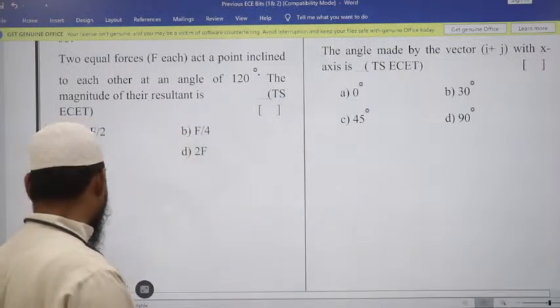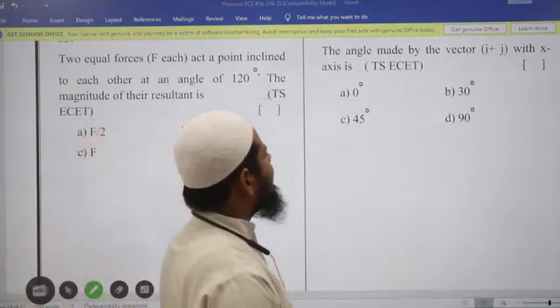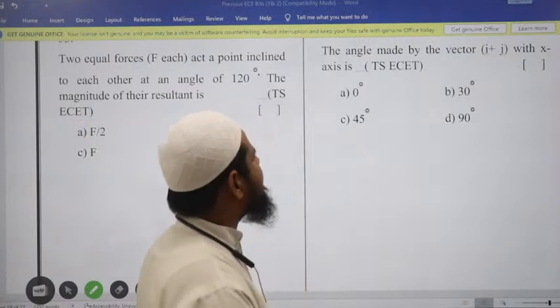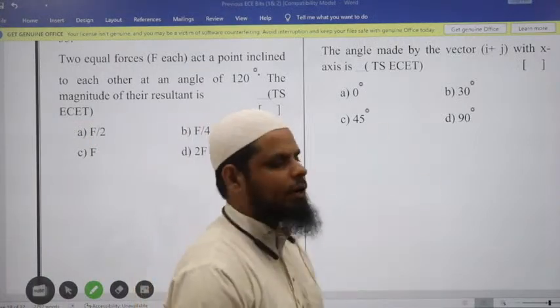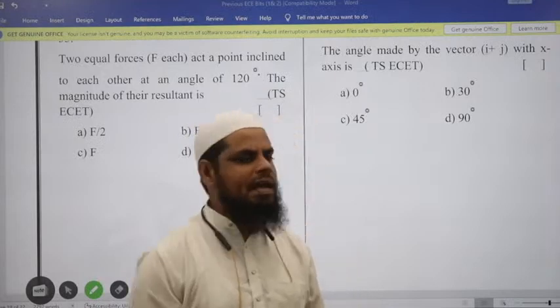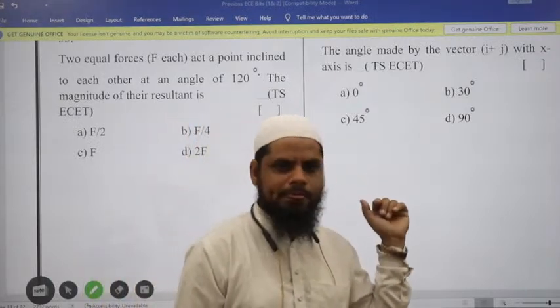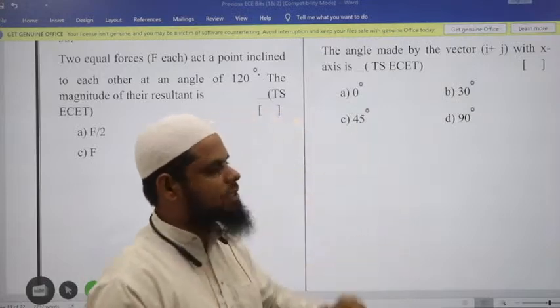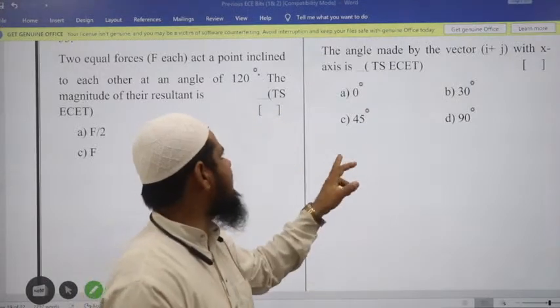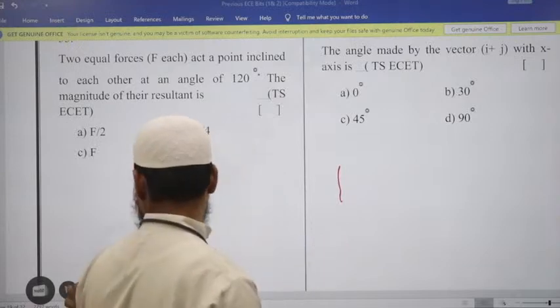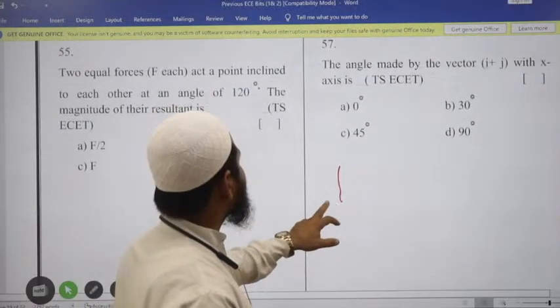The next one: the angle made by the vector i plus j with the x-axis. Yesterday we have done this kind of problem. Can anyone guess the answer, please? Question number 57.